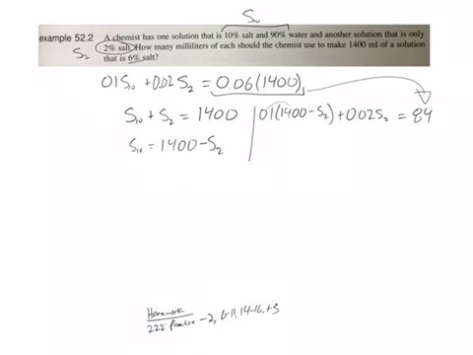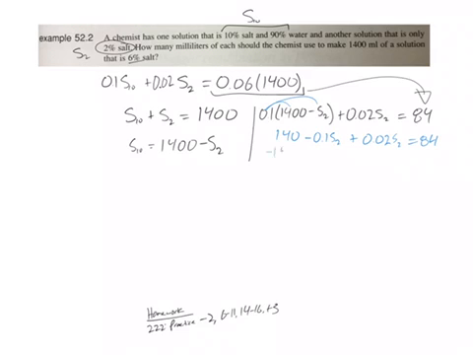Distributing this in, it's like dividing by 10, so it'd be 14 minus 0.1 S sub 2 plus 0.02 S sub 2 is equal to 8.4.